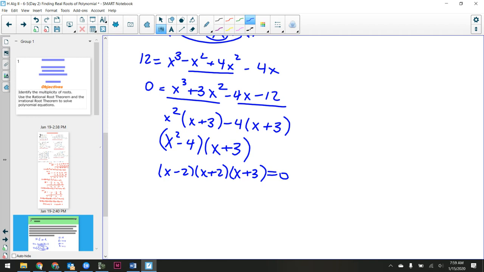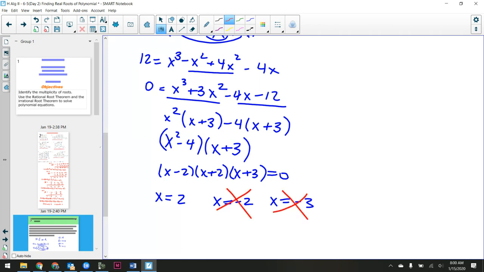So, really, it almost looks like this problem has 3 different answers. But does it really? No, why not? Why not? Because you can't have a negative length.